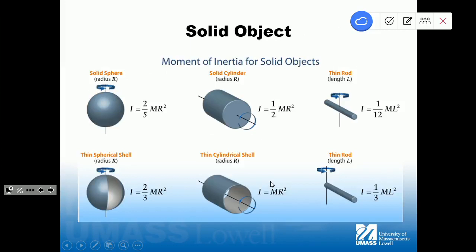Right. So I will not be expecting you guys to actually calculate moments of inertia. These are moments of inertia of different shapes for different axes of rotation. Okay? I do expect you guys to be able to identify common objects as common shapes. Right? For example, if I'm talking about the tires on a car, right?